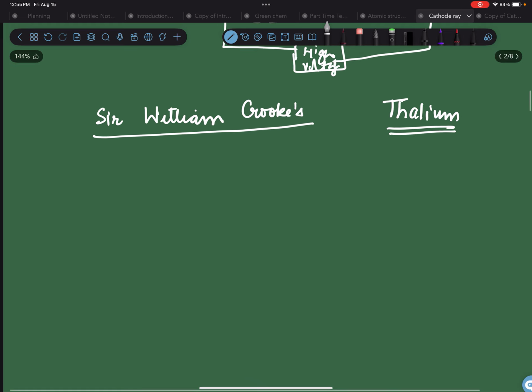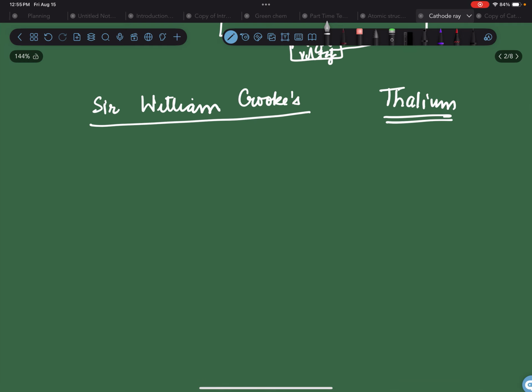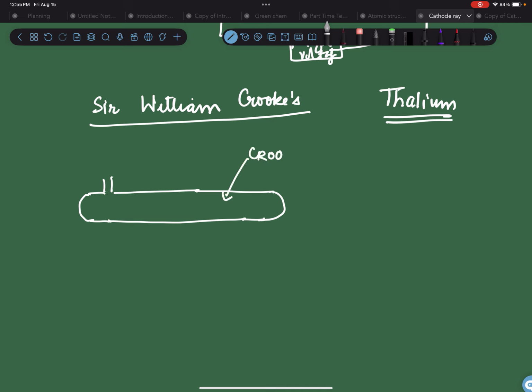So he designed the tube, but this time he could create equipment which could create vacuum to a greater extent inside the tube, right? This tube is called the Crookes tube. That's the name for this, Crookes tube.